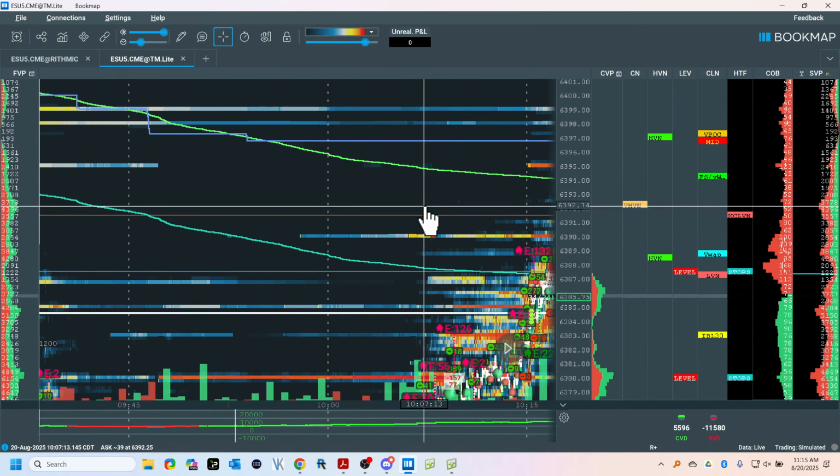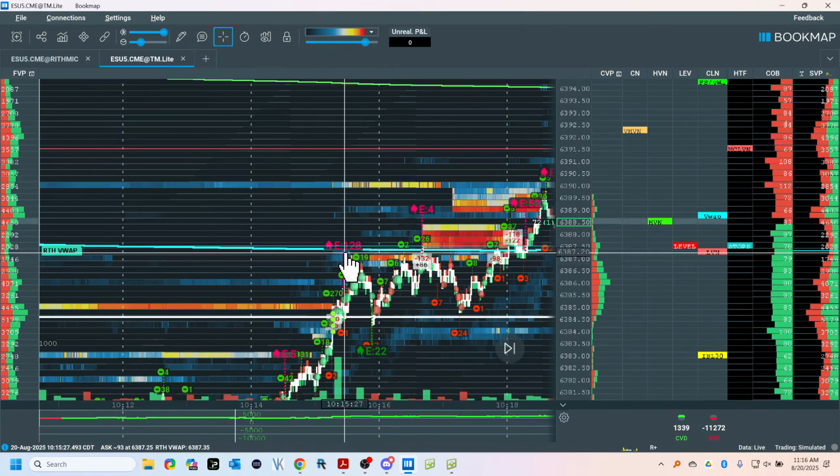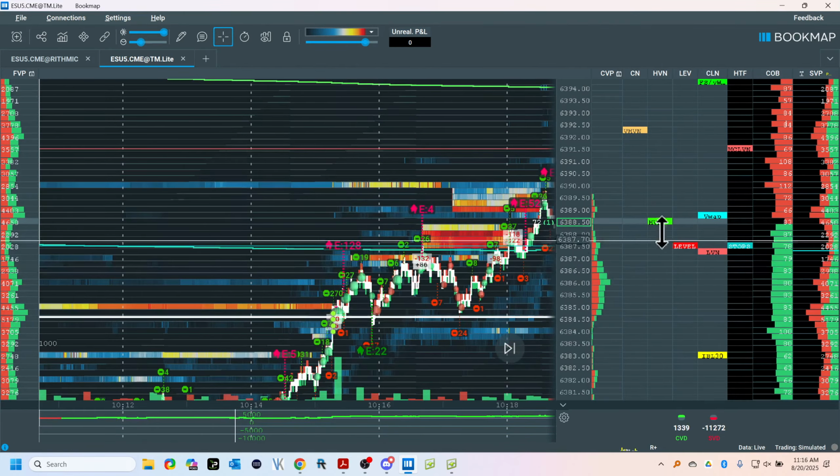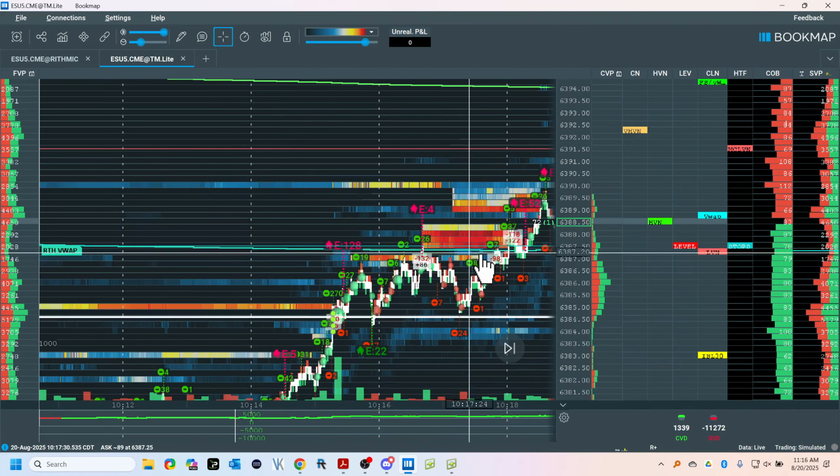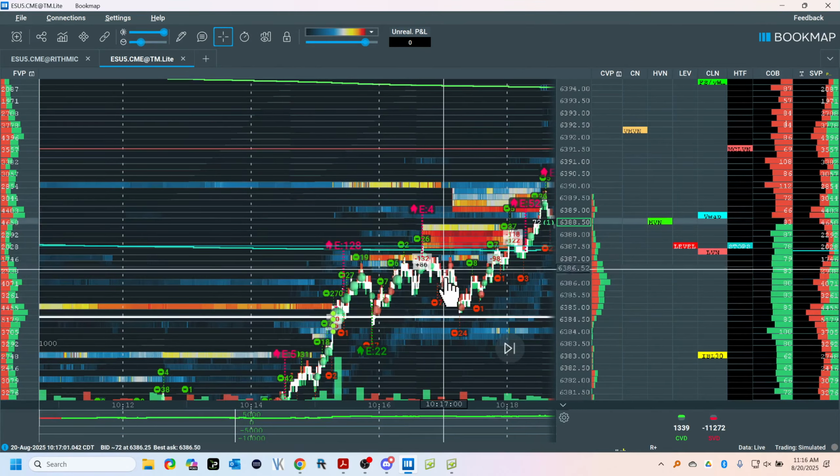I took a stop. I'm going to let you know I took a stop. Here's what this is. This area is where I was looking for my short. And the VWAP at the time was here, not over there. This is current right now, and this is at the time. So I took this. Here's the trigger.